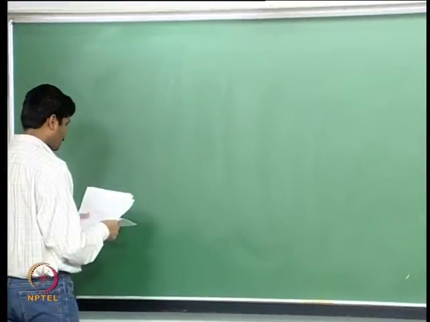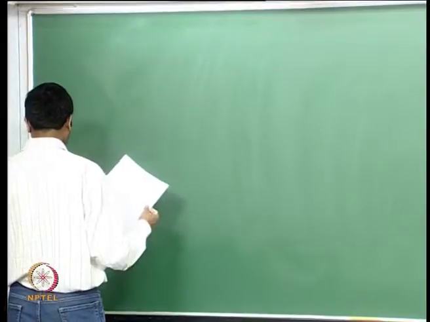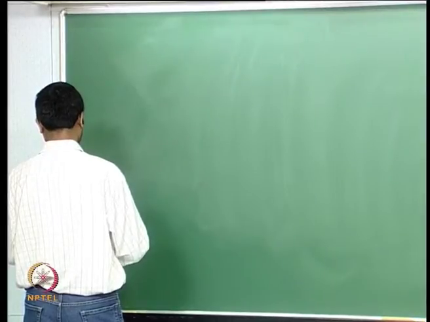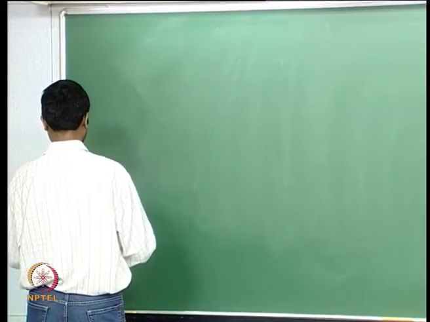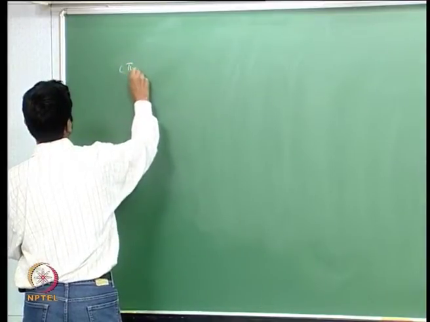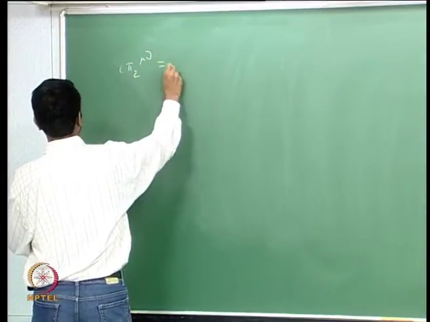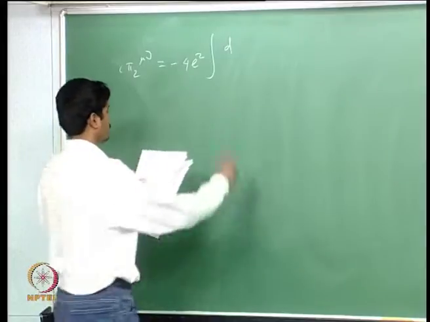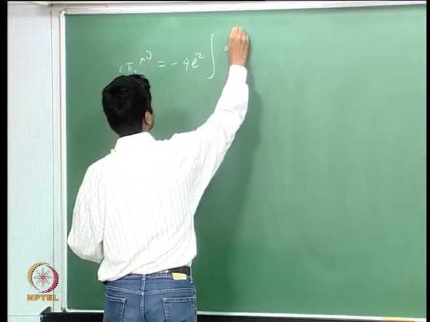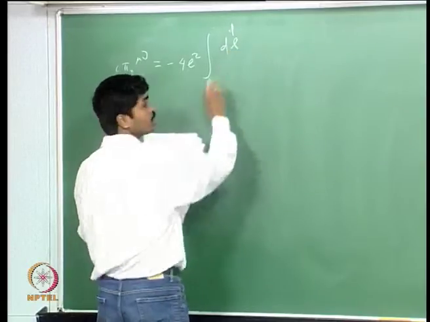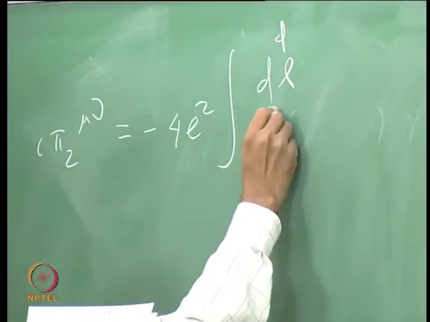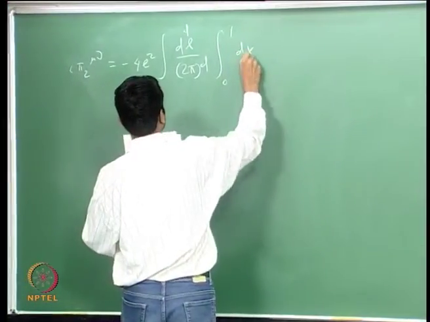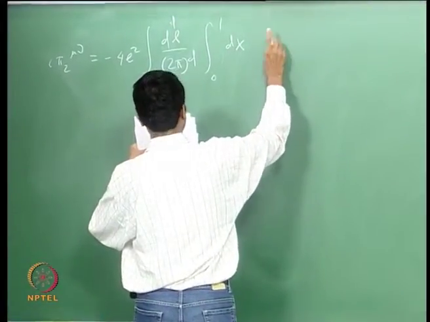So, what we will do is that for Π₂^μν, we will take this expression. iΠ₂^μν is minus 4e². Instead of evaluating the integration in 4 dimensions, we evaluate it in d dimensions. So, this is ∫ d^d L divided by (2π)^d and ∫₀¹ dx. We have already evaluated this expression here.